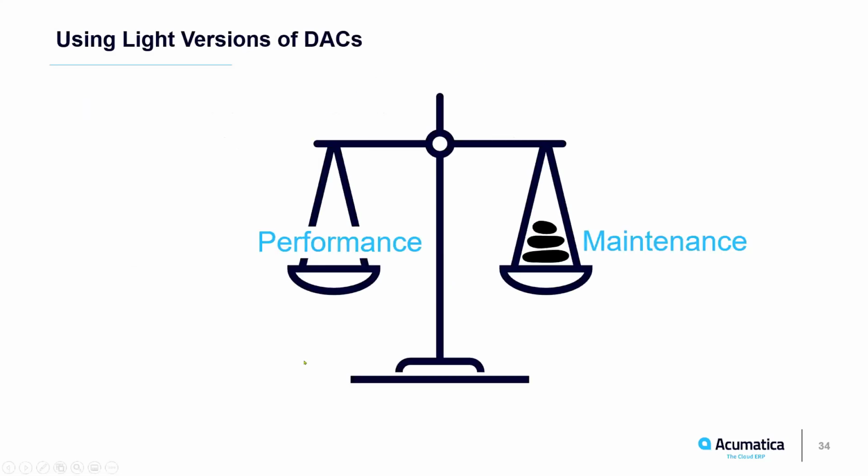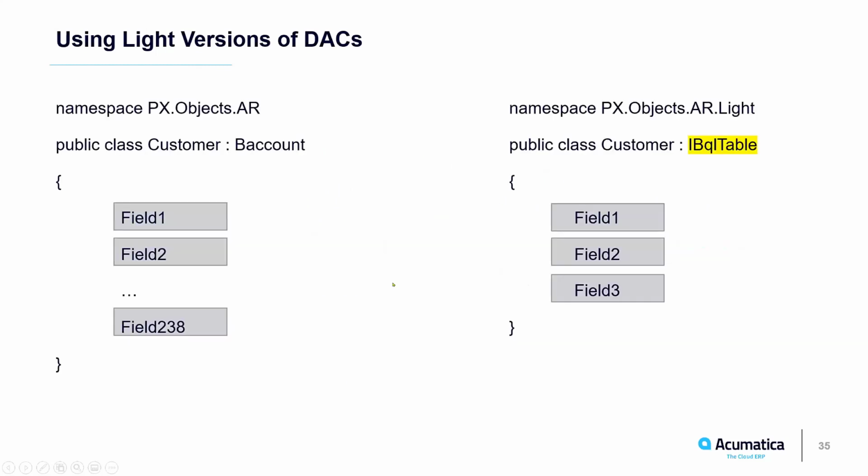And yeah, let me remind you of that picture that we had before. Remember that performance optimization has a trade-off, right? And in that case, with the third practice that I'm going to demonstrate here, I think it has the heaviest maintenance cost. So the third practice that I want to demonstrate is using light versions of data access classes.